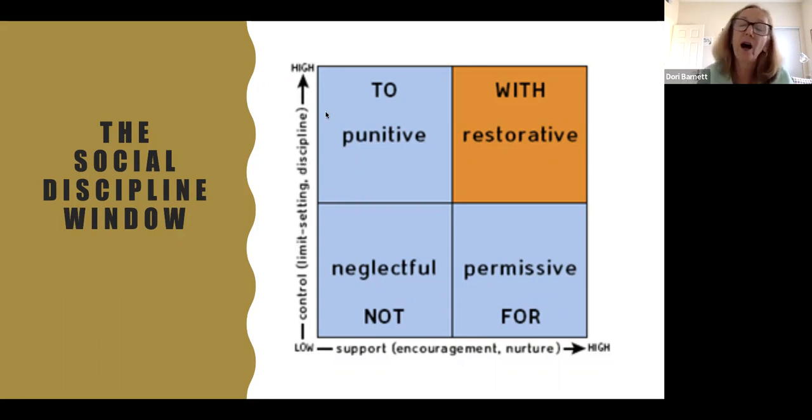The alternate person is someone who's very high in control but lacks that caring, nurturing, and support. I'm thinking of a long time ago when I was doing my student teaching. I had a person who was in this box. His name was Gerald Pomeroy, and he just didn't get students. His room was very structured.